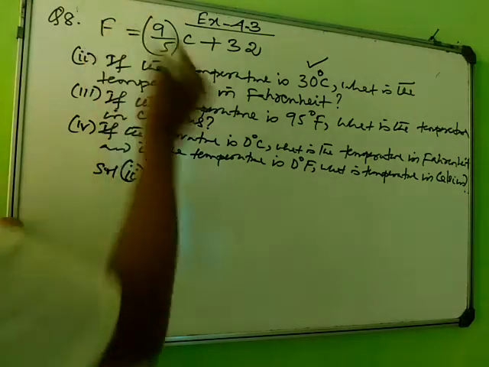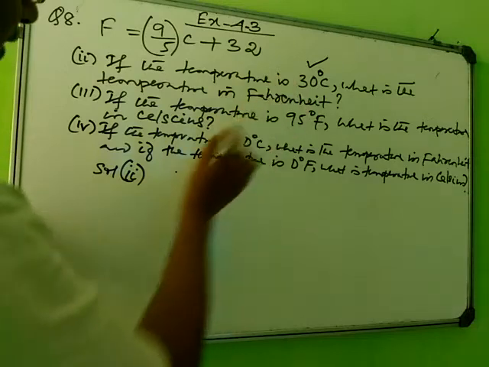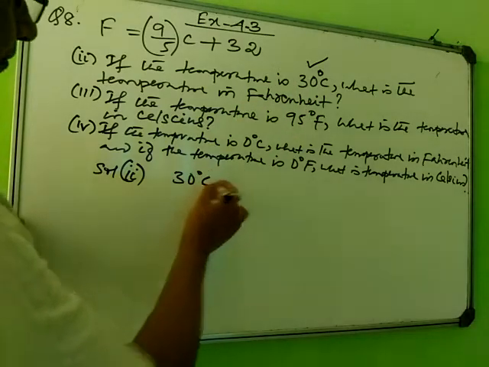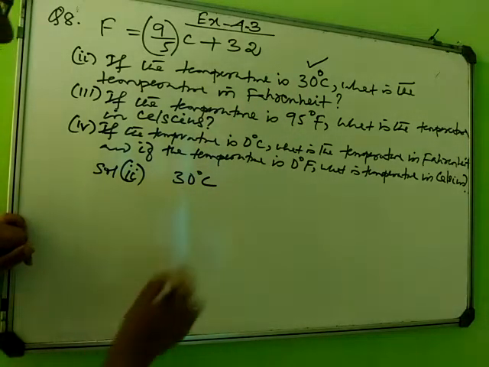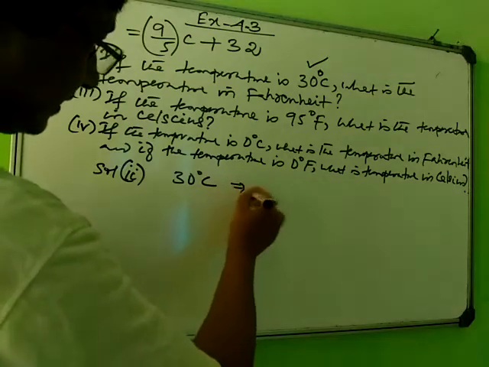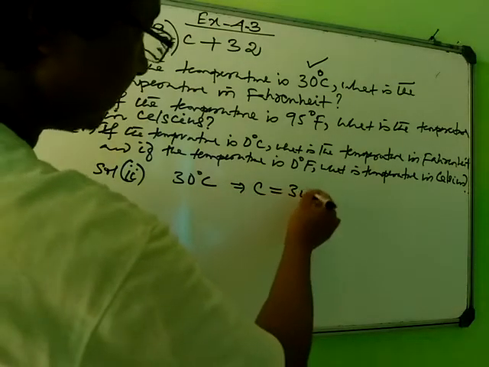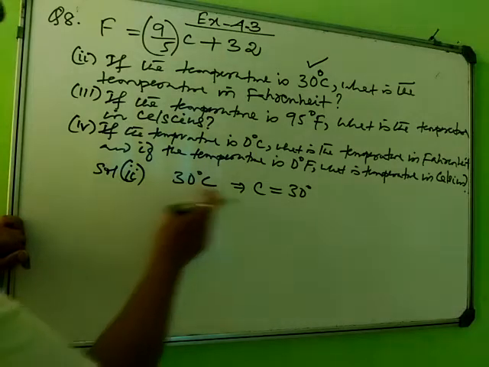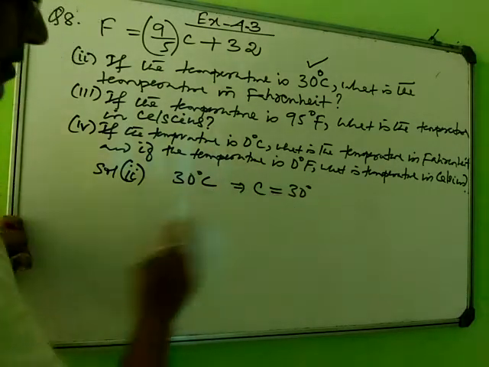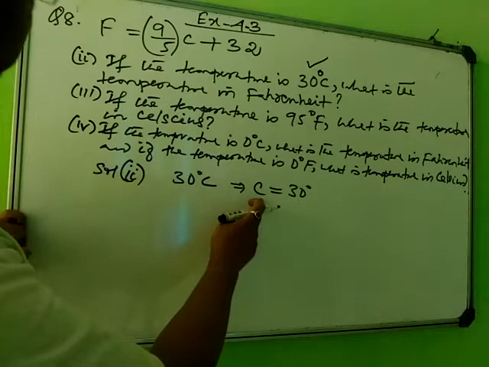Solution 2. It is given 30 degrees Celsius, so that means C equals 30 degrees, where C denotes Celsius.